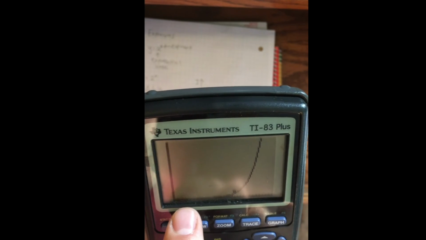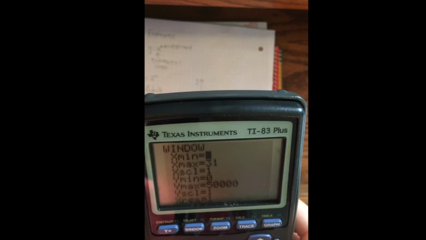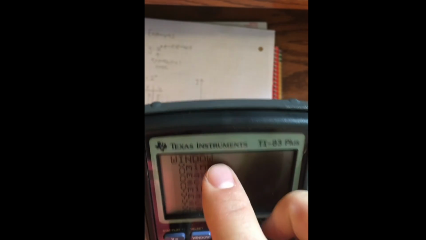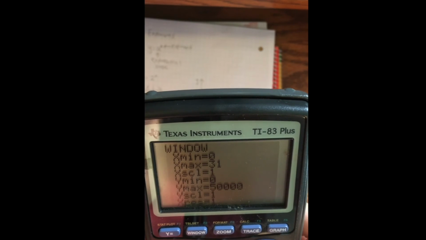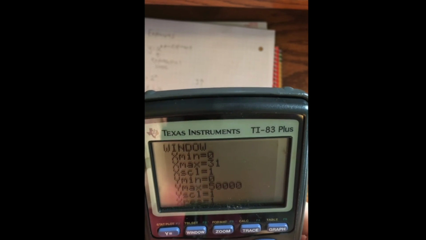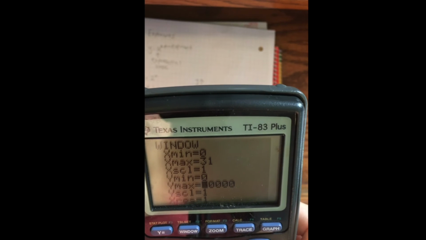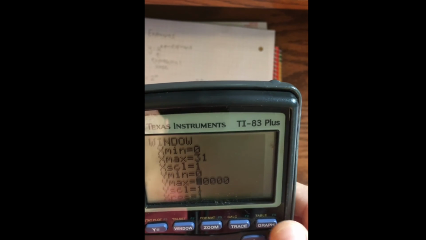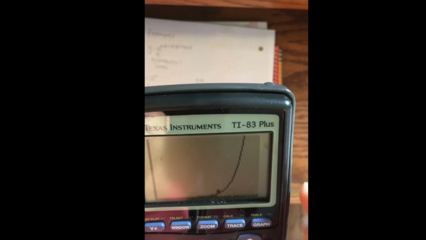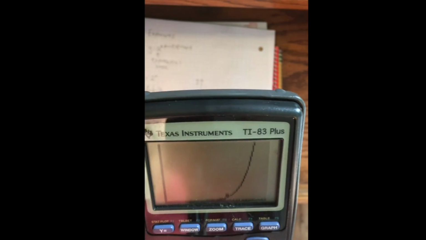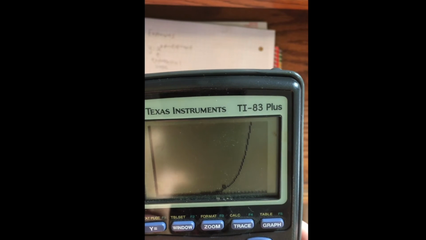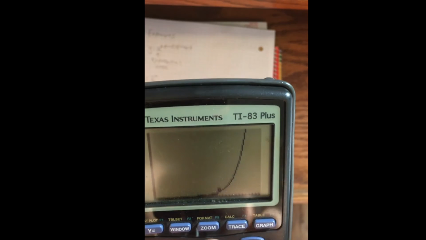And so I went ahead and changed my window to basically 0 to 31 days. My Y minimum at 0, my Y maximum at 50,000. So that's why it looks like this. I just tried to fit it into a general approximation of where I thought it would go.